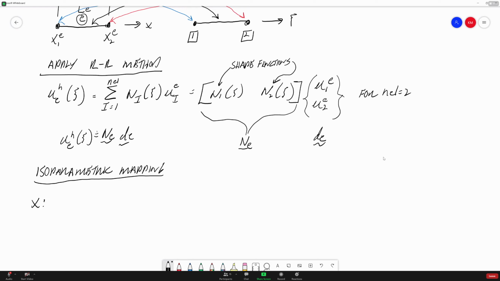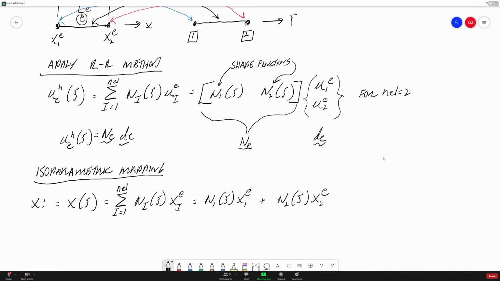And that is for x, x of psi is equal to the sum of i equals 1 to 2 of Ni(psi) xi^e, which is equal to N1(psi) x1^e plus N2(psi) x2^e.